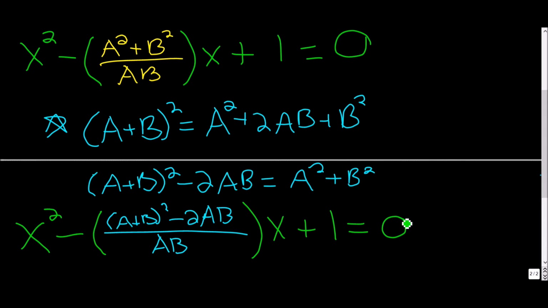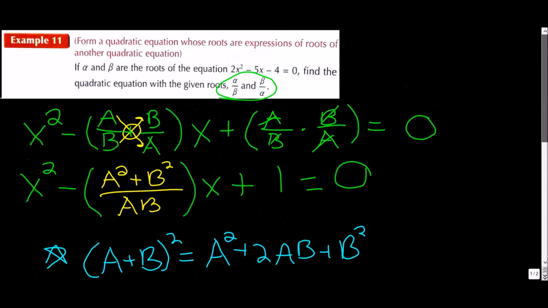So all of these things that we know, we can go and find and replace. Now what we need to do is figure out in the original equation what alpha plus beta and alpha times beta would be. If we look at our original equation, alpha plus beta is supposed to be the opposite of b, so we had negative negative 5 over 2, which is just 5 halves.